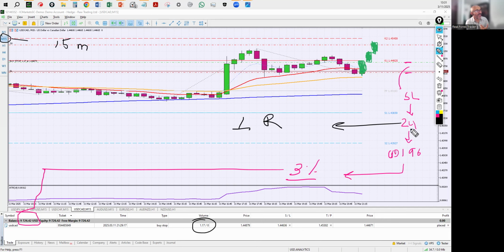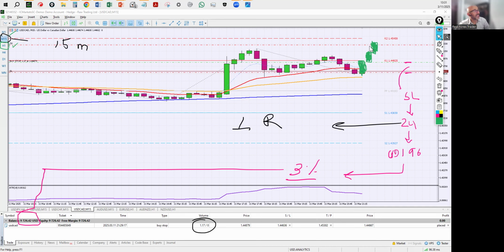Now, if the trade goes in my favor, so my projection, my forecast was that eventually, according to the analysis, it would continue going up, because in both the 15-minute and the 1 hour time frame, I could see some evidence of a bull move. All right, let's suppose it went my way.